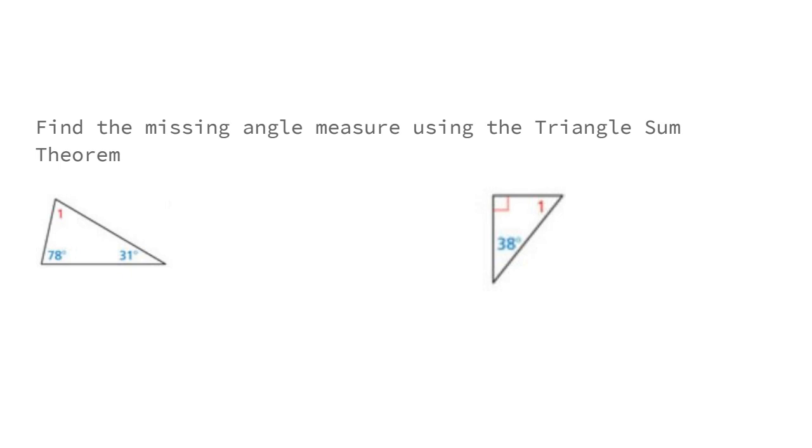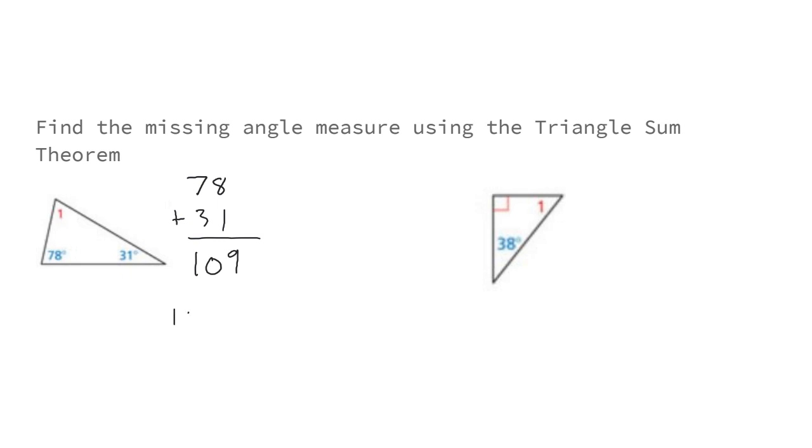Okay, so applying this theorem, we might be asked to find missing angles. So this is pretty simple. If we look at the one on the left, you've got two angles in here, and we've got to figure out what the third one is. So you've got to figure out how many degrees you already have accounted for. So you're at 78 plus 31 is 109.